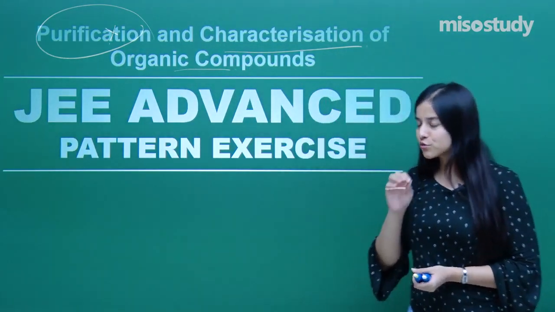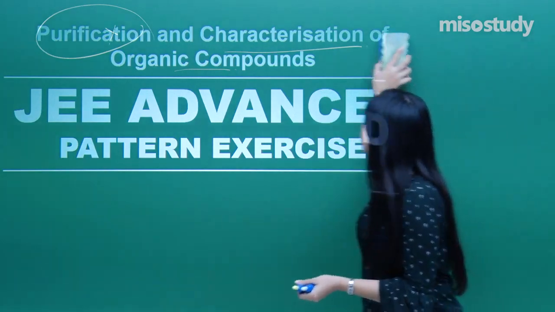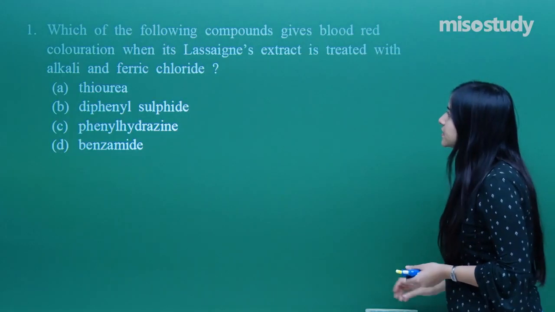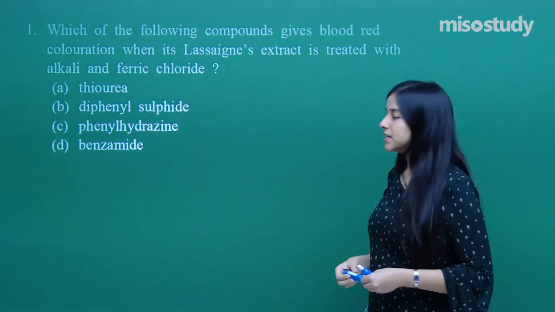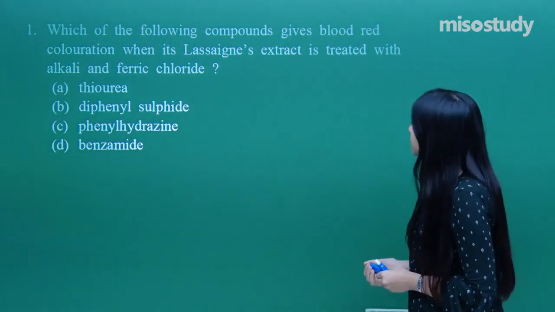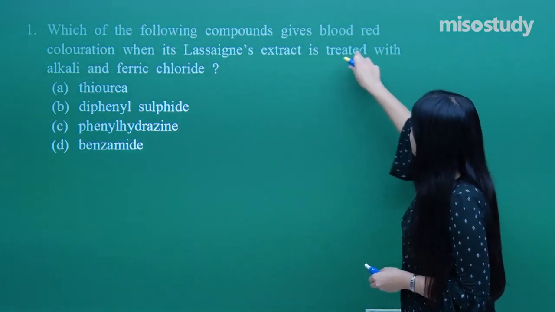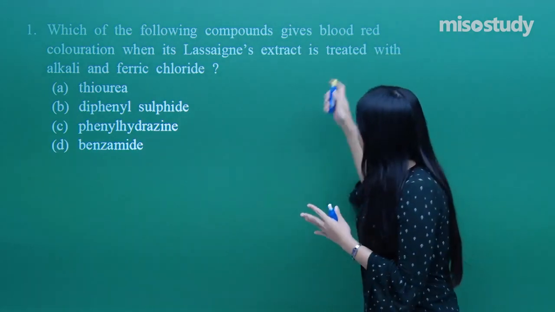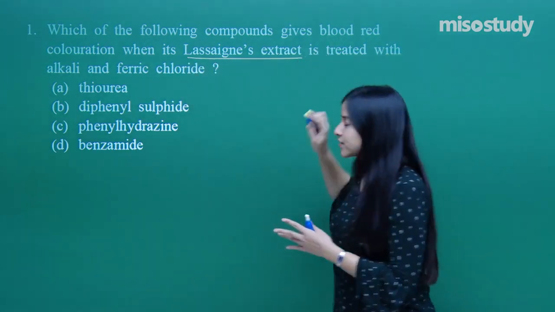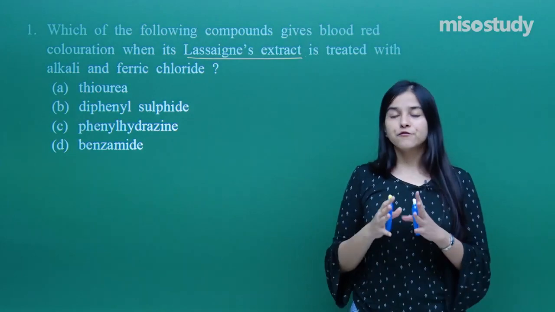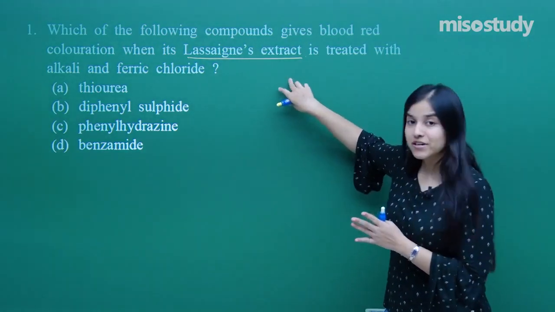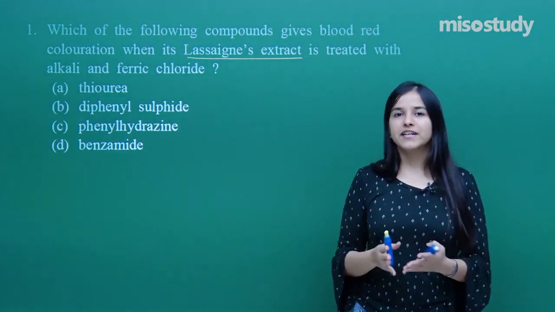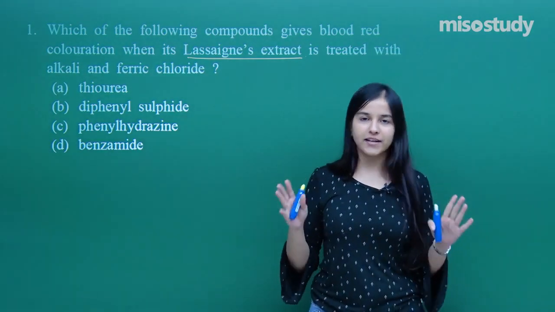So let us just move on to question number 1. Which of the following compounds gives blood red coloration when its Lassaigne extract is treated with alkali and ferric chloride? The Lassaigne extract is a very famous organic solution that is used to detect the various elements present in the organic compound.